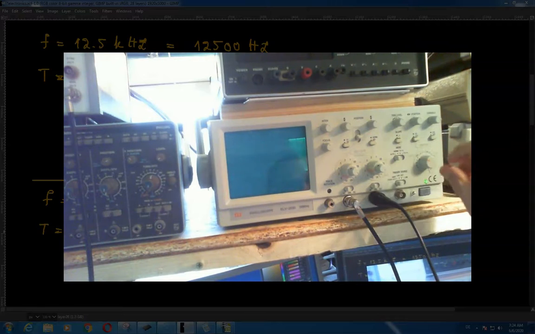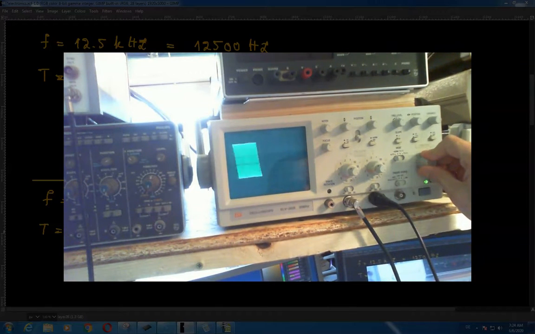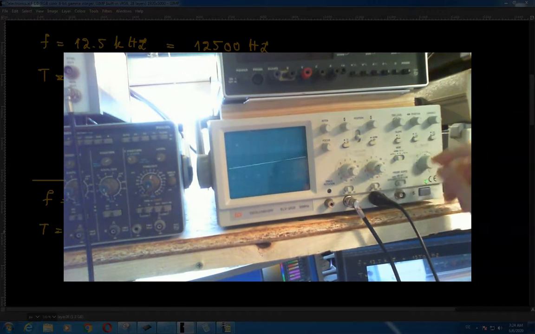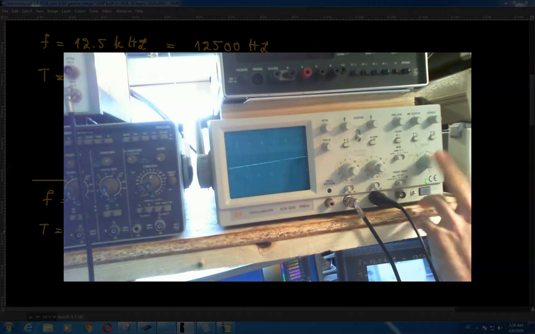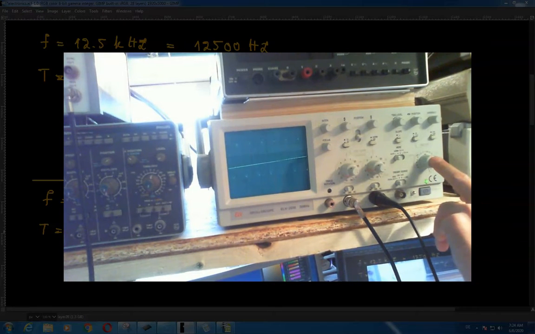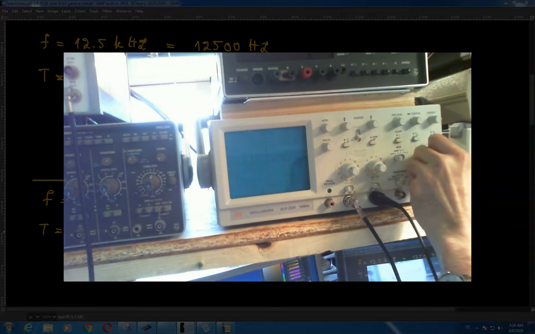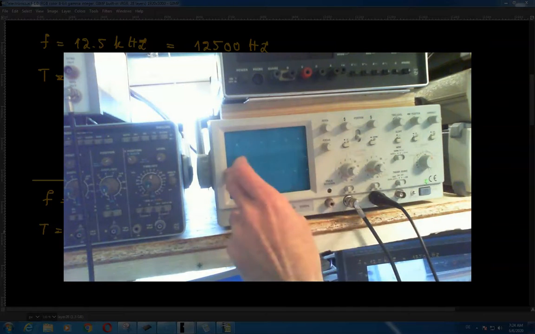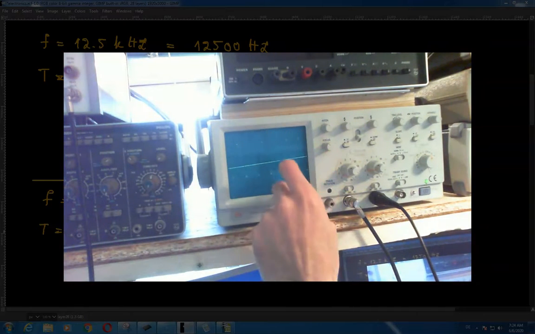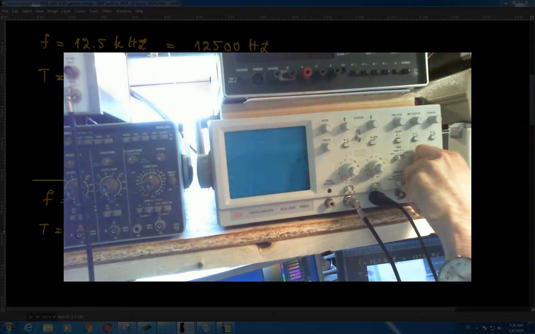If I change the frequency, I can see only one of these at a time, and that means this oscilloscope has only a single time base, right? So if I change the time base, it changes for both of these signals, and at a time you can see only one of them.